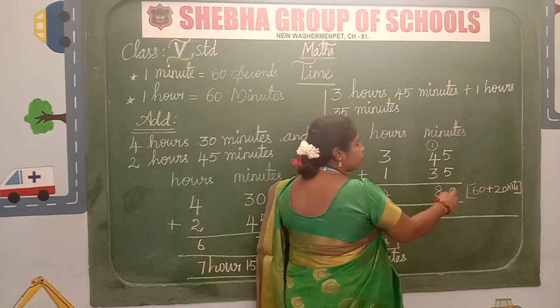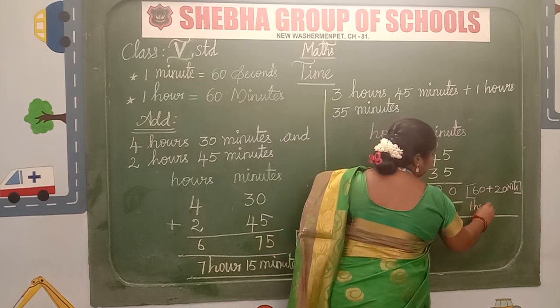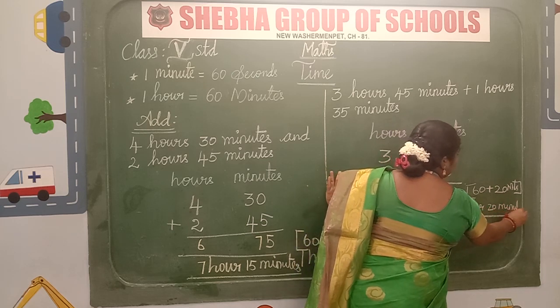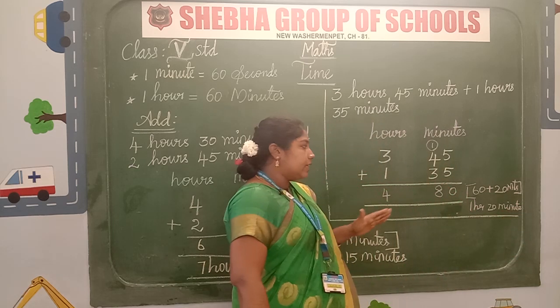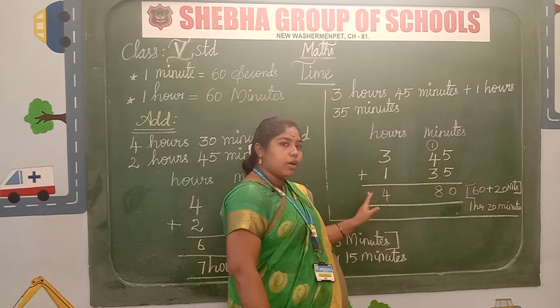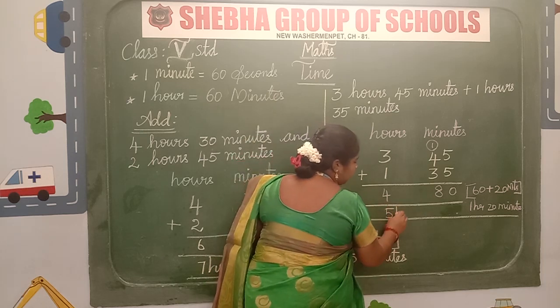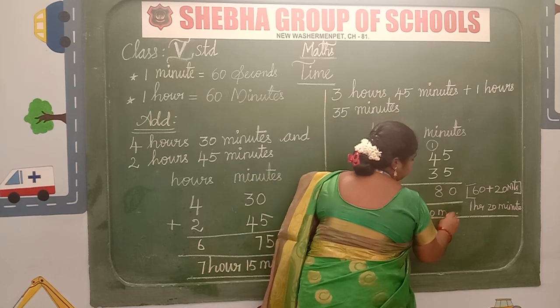Now this 60 minutes is converted into 1 hour, 20 minutes. Now what do we have to do, children? We have to add this 1 hour to the number 4. So 4 plus 1 becomes 5 hours 20 minutes.